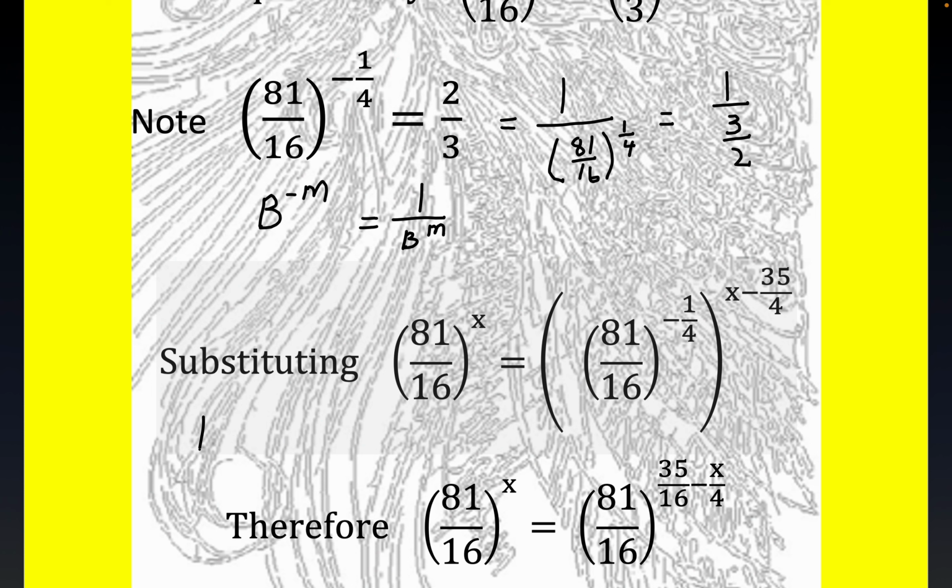If you have b to the m raised to the n, again, n copies of m copies, this is b to the m times n, the product.